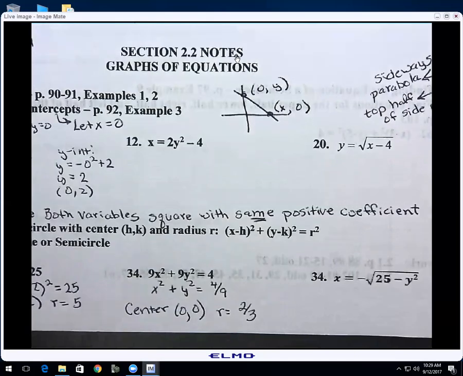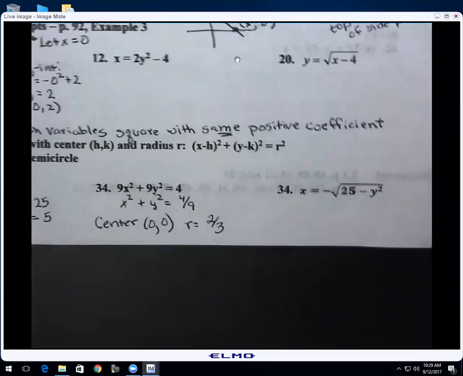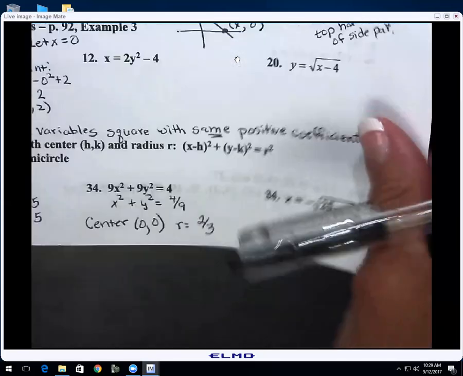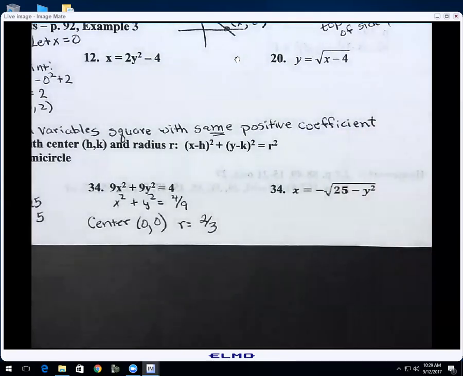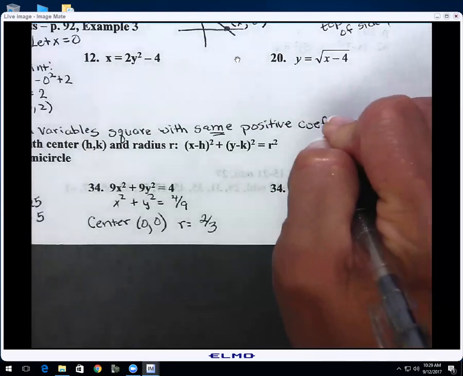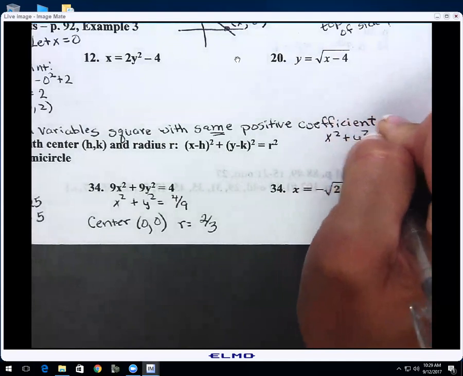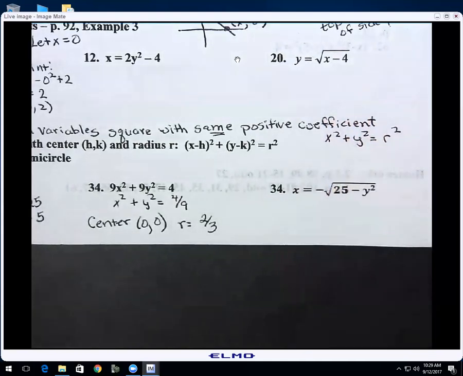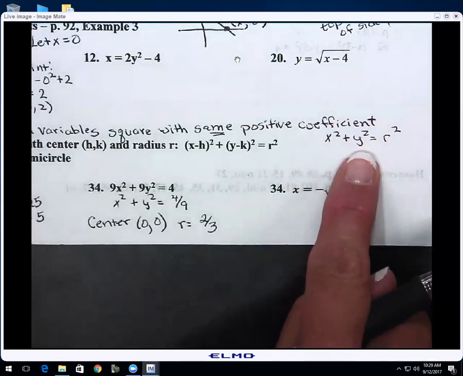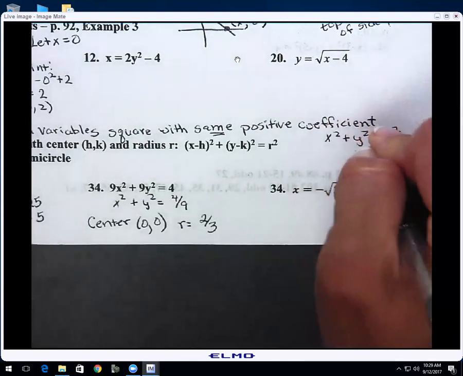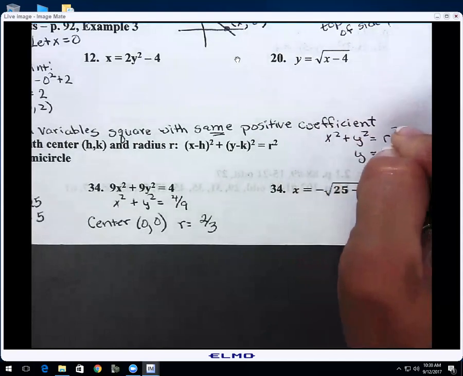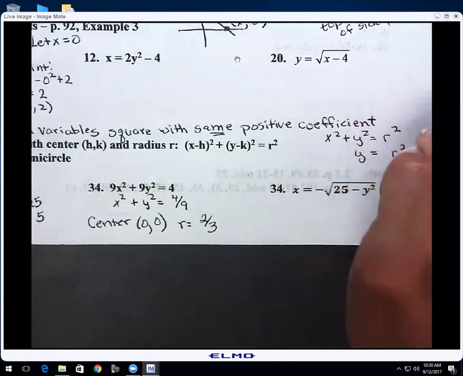If I took standard form of a circle that had not been shifted left, right, up, or down, a circle with center 0, 0, like x squared plus y squared equals r squared, to solve that for y, I'd have to subtract x squared from both sides: r squared minus x squared.